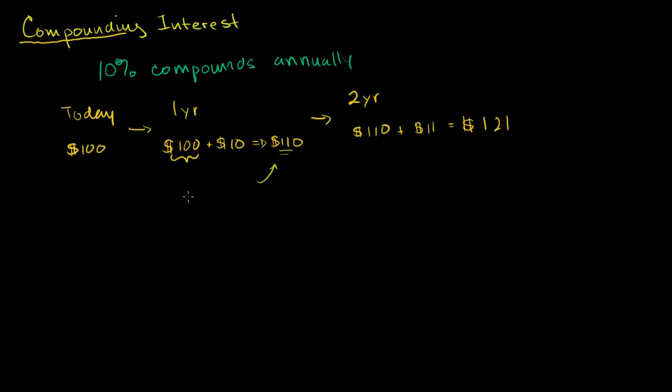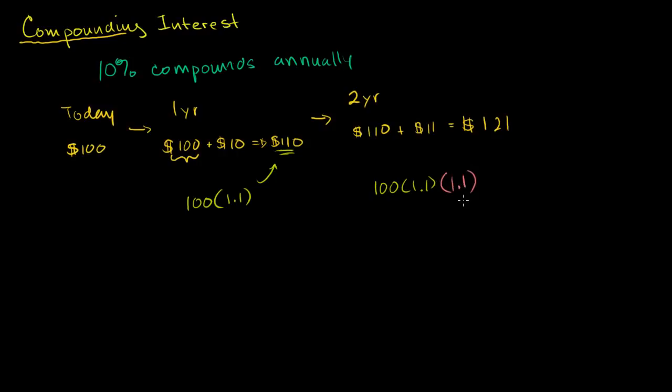That number right there is 100 times 1 plus 10%, or you could say 1.1. Now this number right here is going to be this 110 times 1.1 again. So it's the 100 times 1.1, which was this number right there, and now we're going to multiply that times 1.1 again.